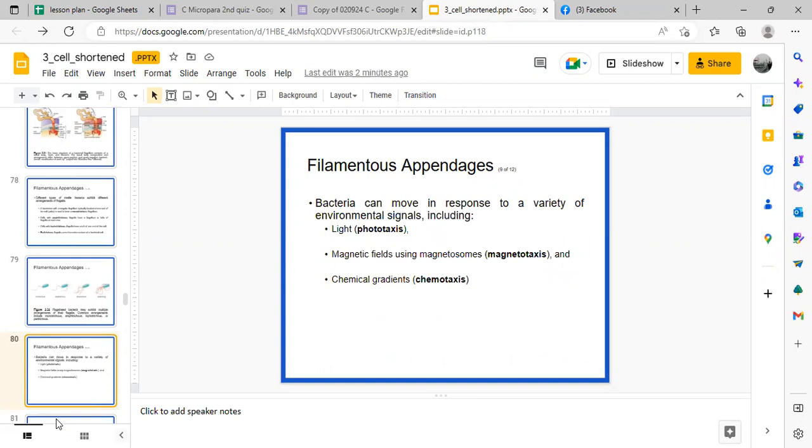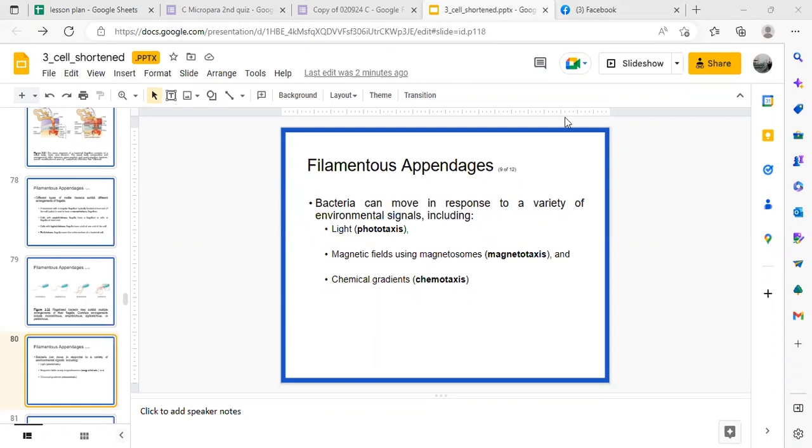So these bacteria can move in response to external factors or external signals. So for example, for photosynthetic bacteria or archaea, they move towards the light. So that is phototaxis.